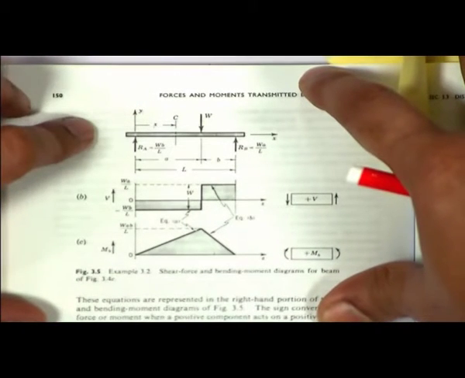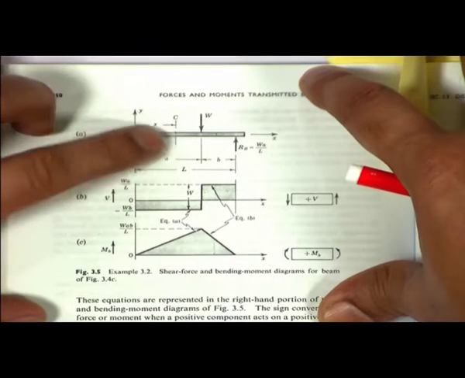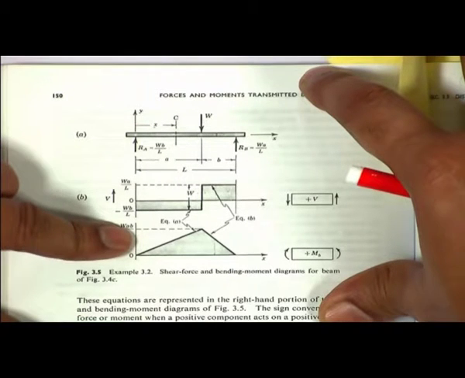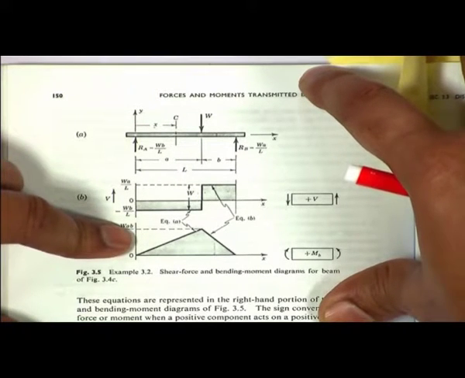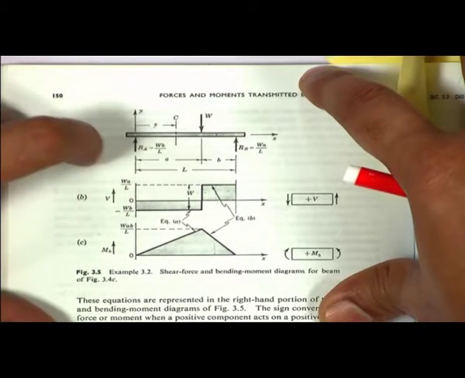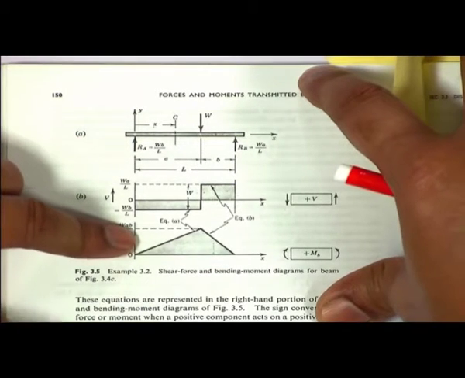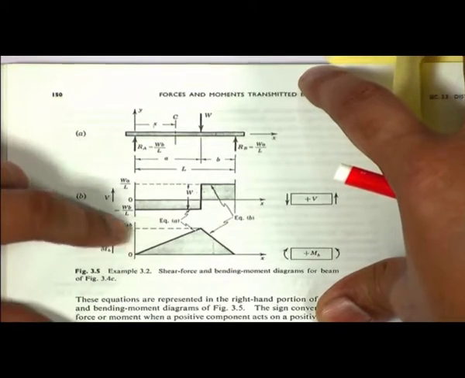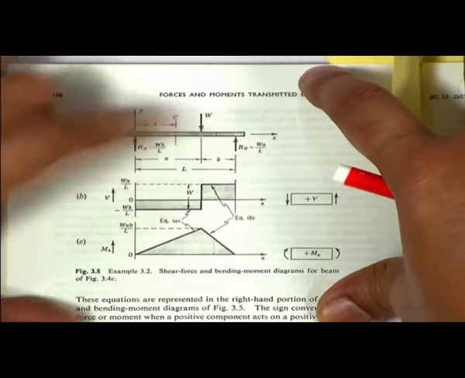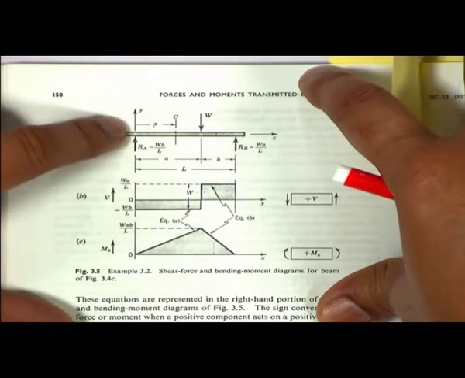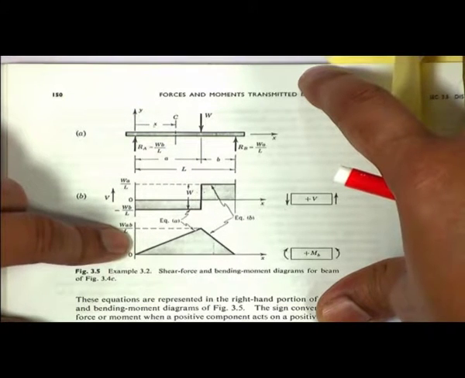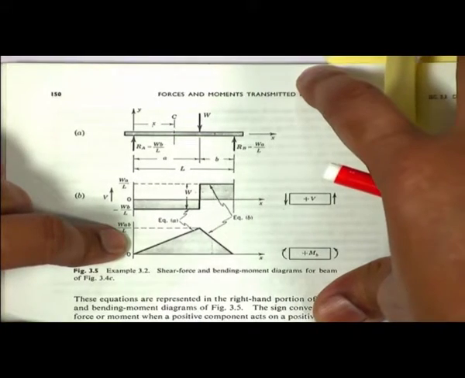So, depending upon the material and its behavior, the section will be subjected to shearing force and bending moment. Now, we represent the variation of this shear force and bending moment in space. The spatial variation of the shear force and the bending moment are represented through shear force diagrams and bending moment diagrams. The bending moment is the force multiplied by the distance, and the shear force is just the force itself, and we have to follow a certain sign convention to draw them.